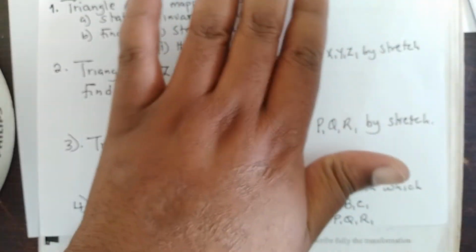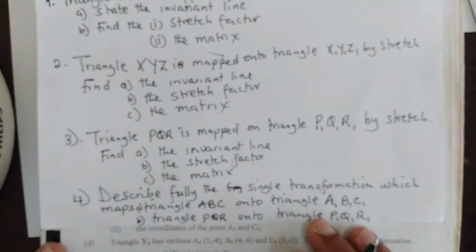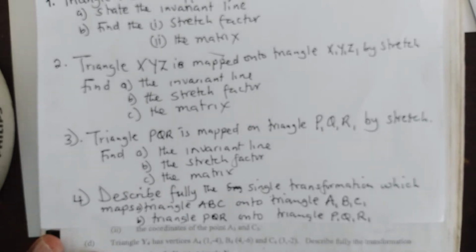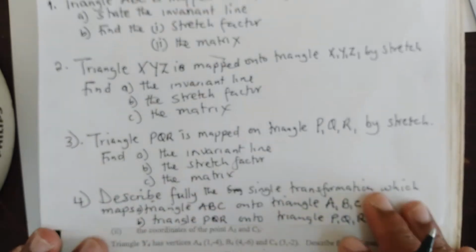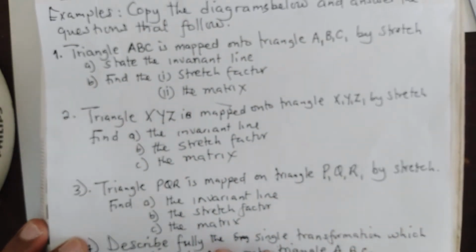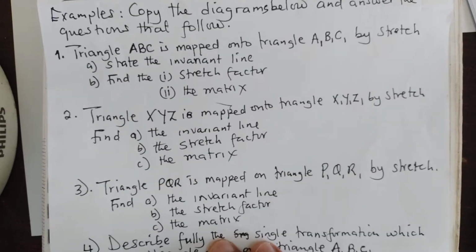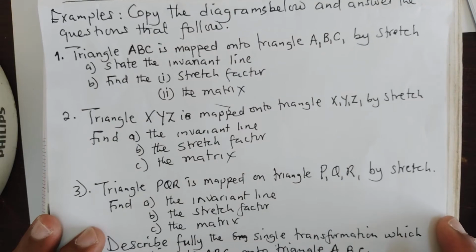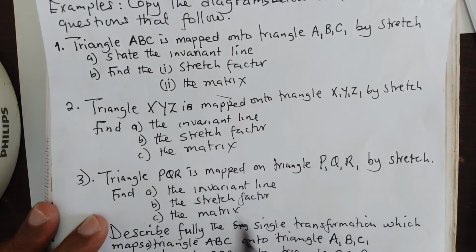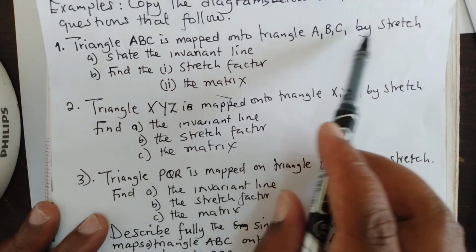Okay, I think it's very clear now. So we are saying triangle ABC is mapped onto triangle A1, B1, C1 by a stretch.